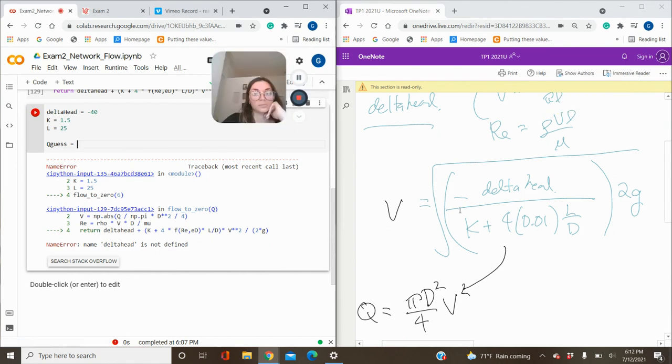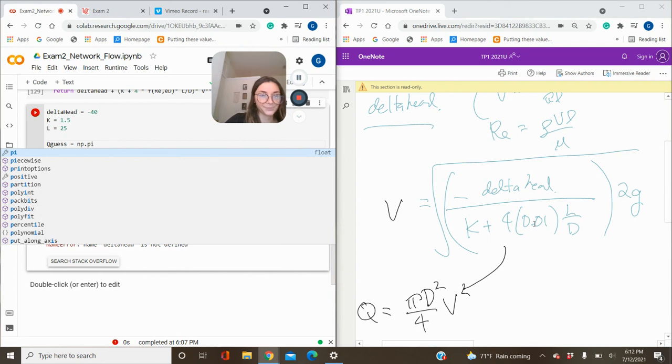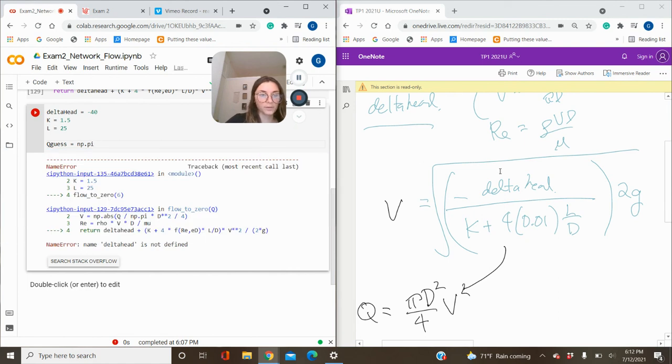So we're going to do NP. It's going to be a long one, so stay with me. NP pi times our diameter squared divided by 4.